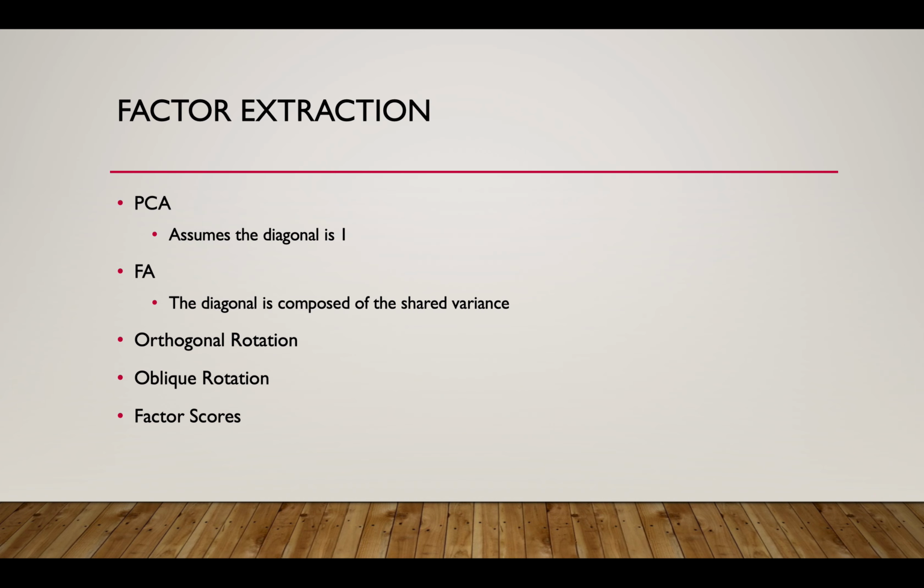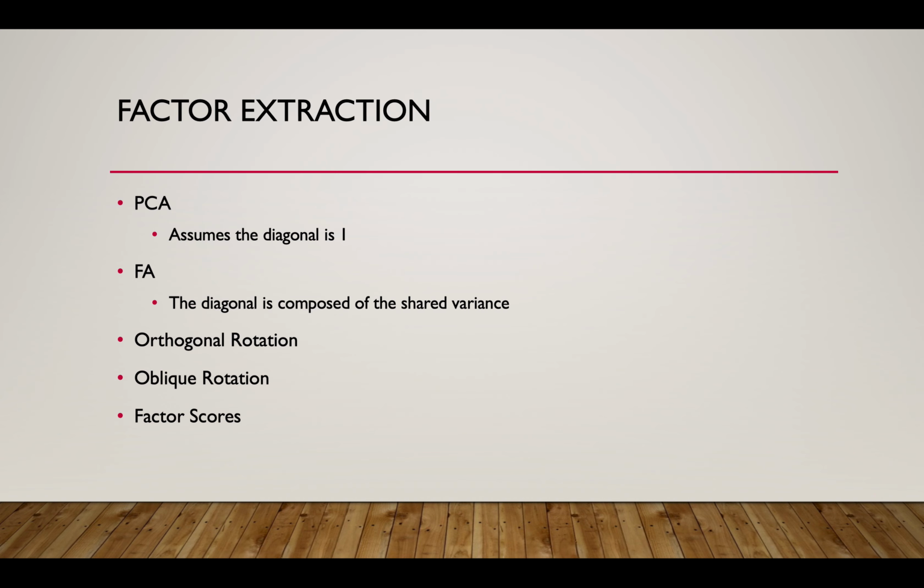All right. I already talked a little bit about this, but when it comes to factor extraction, principal components assumes that the diagonal is 1, while factor analysis assumes that the diagonal is composed of some sort of shared variance. Orthogonal rotation means that our factors are completely uncorrelated.